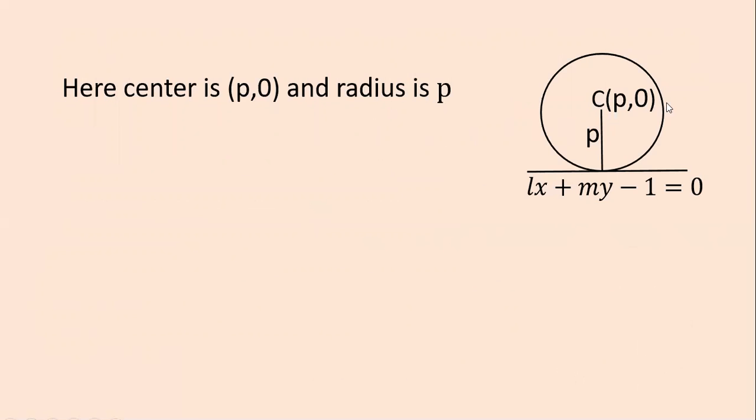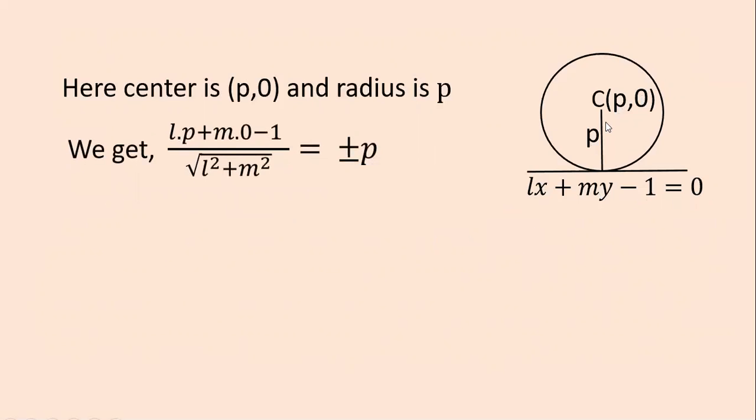So distance from (p, 0) to lx plus my minus 1 is equal to what? (l into p plus m into 0 minus 1) divided by square root of l square plus m square. And this will be equal to p. As I did not put absolute value sign, so I have put here plus minus p.